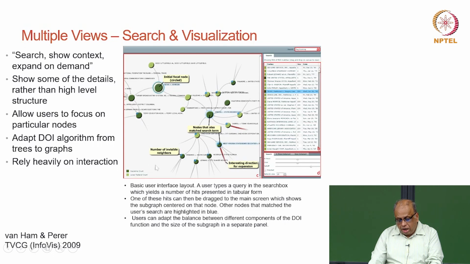You can have a view of the graph and also a list view showing details. So if the user is searching for something, they can see the node in the layout view, but also in the list view.